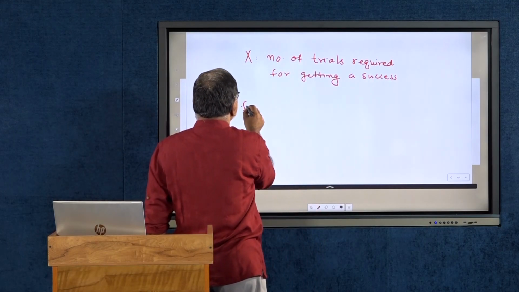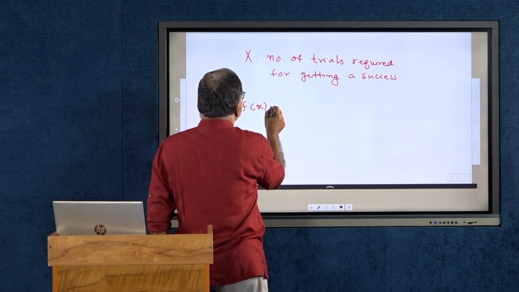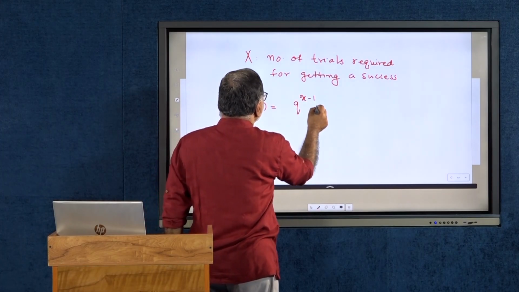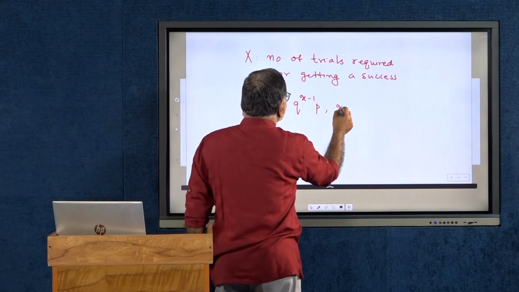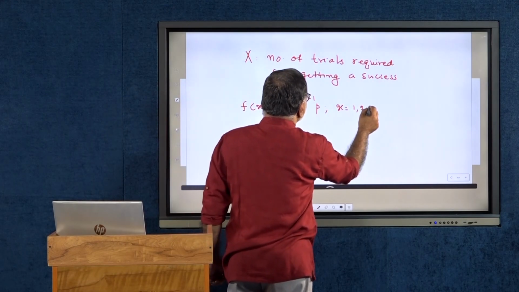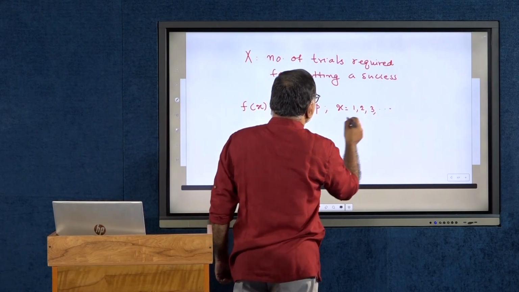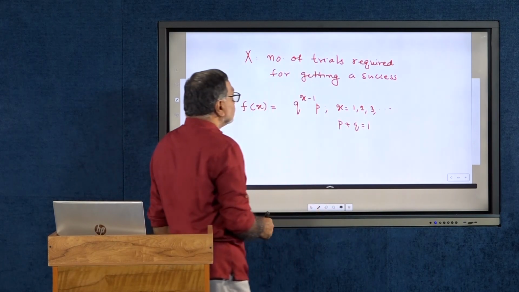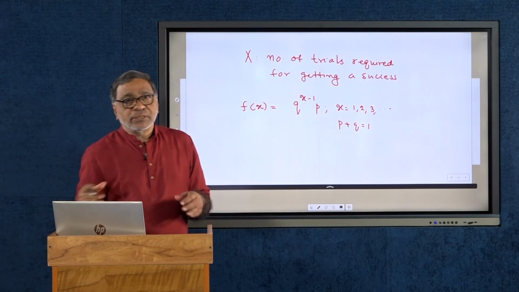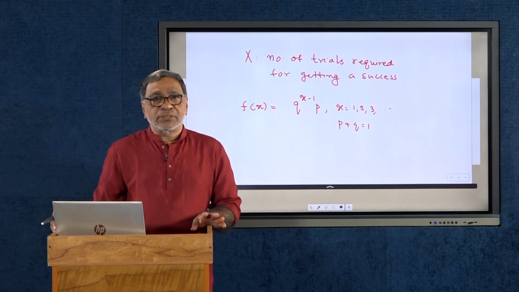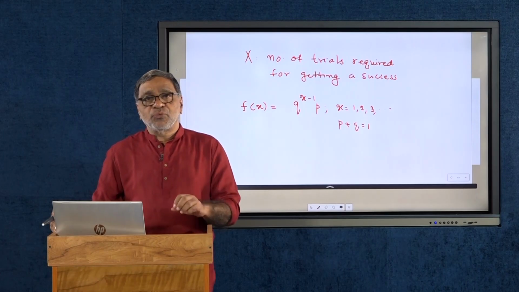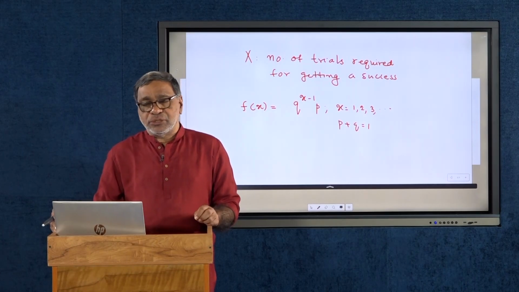So, f of x is equal to q power x minus 1 p, where x is equal to 1, 2, 3, etc. and p plus q is equal to 1. So, you are given that x is the number of trials required for getting a success, and f of x is equal to q power x minus 1 into p, where x is equal to 1, 2, 3, etc. and p plus q is equal to 1.